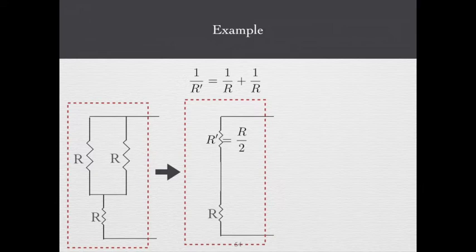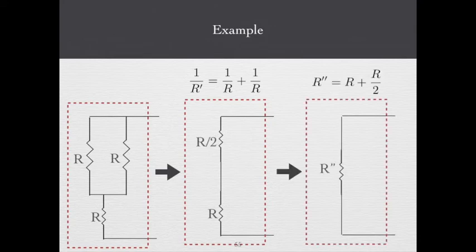Now after I do this simplification, I will have 2 resistors, the top effective resistance and the lower resistance. It seems like they're in series. So I can further simplify them and replace them with the total effective resistance. I will do that by going through the resistance addition rule for series.